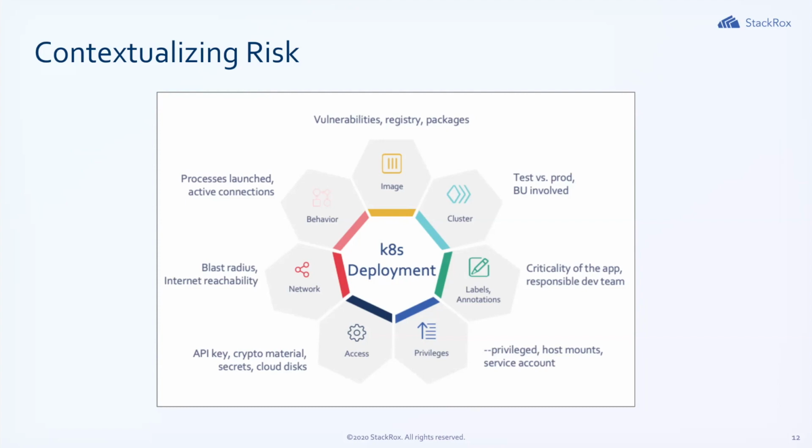So things like labeling or annotating your applications, keeping them in separate namespaces, and then things like minimizing the use of privileged mode, of host mounts, and keeping your secrets stored secretly, right, in an appropriate secrets management solution.